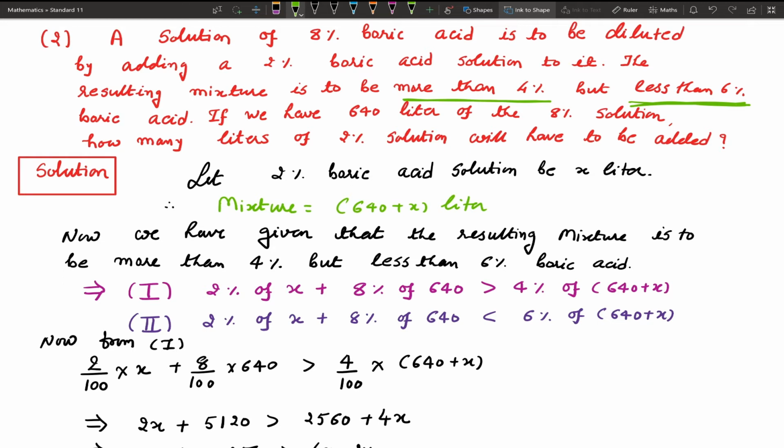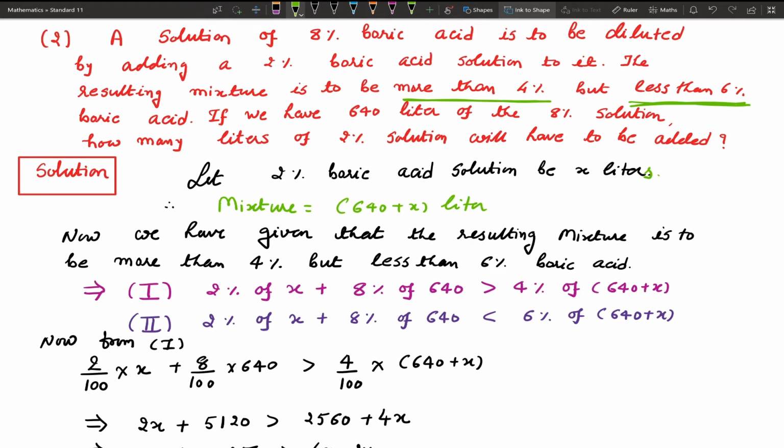So we suppose let 2% boric acid solution be x liter. So what about the mixture? We have already 640 liter plus we have added x liter.